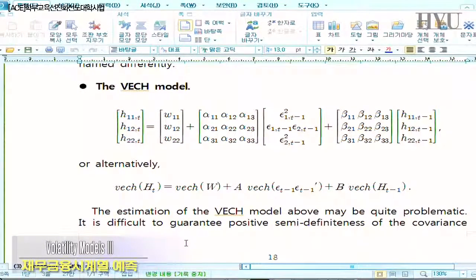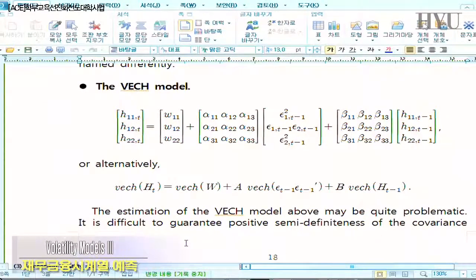Let's say these are 0, then this times that, and also if this is 0, this times that, right? So that's the first GARCH. And here, similarly, if these are 0, then it's the GARCH for the second variable. And then the covariance is a constant plus, let's say, a coefficient times the cross product, not squared, right?